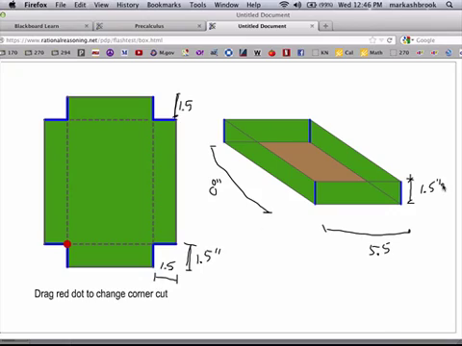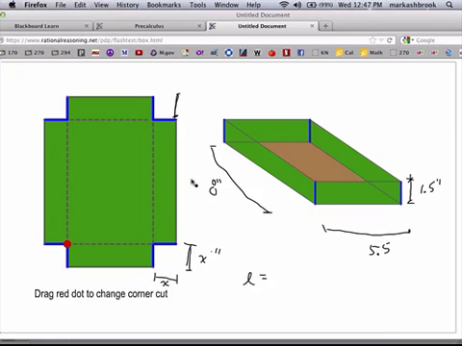Now if we let the cutout be any value, call it x, x inches by x inches, they wanted a formula for the resulting length of the box in terms of that cutout length x.